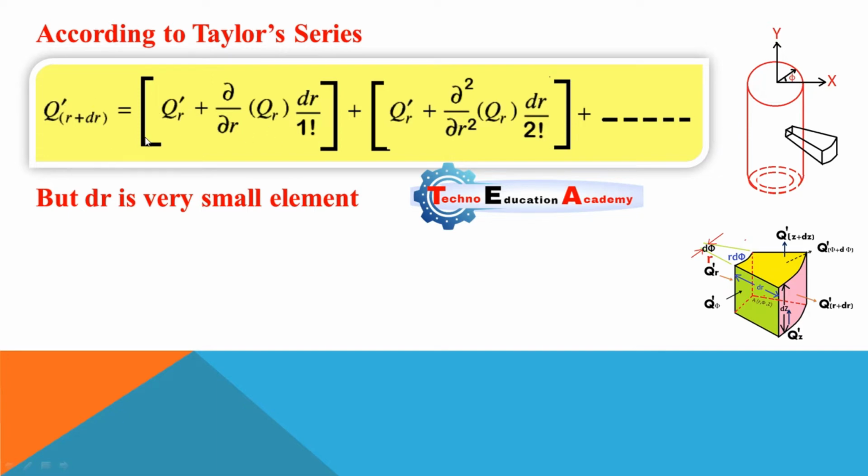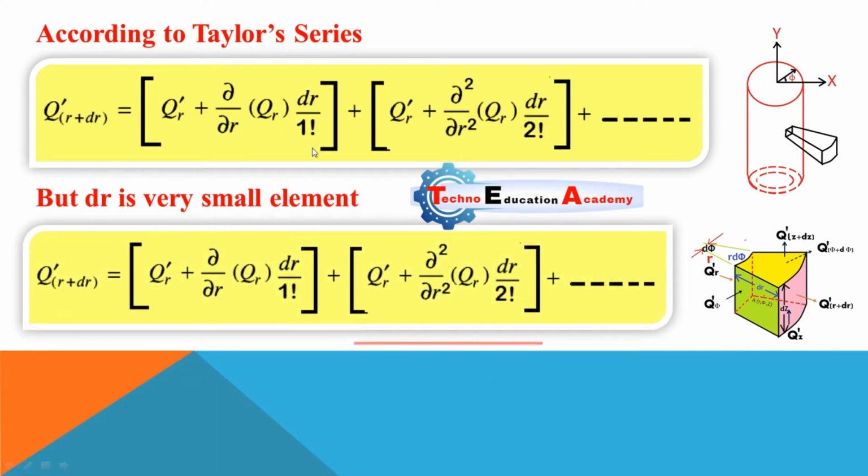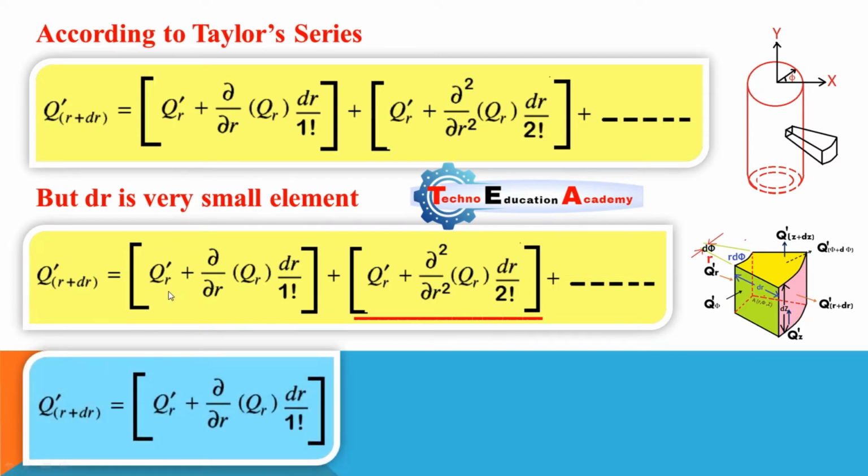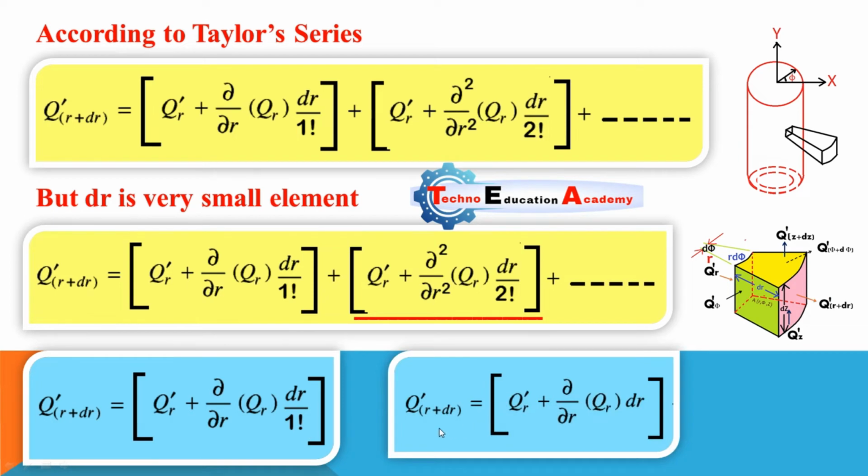We are considering only the first term because dr is very small, and we can expand Q'r+dr equals Q'r plus del by del r of Qr dr divided by 1 factorial, but 1 factorial means 1. So this is the expansion of Q'r+dr. We have already put this value in the previous slide, so we can also derive this value by using the Taylor series.